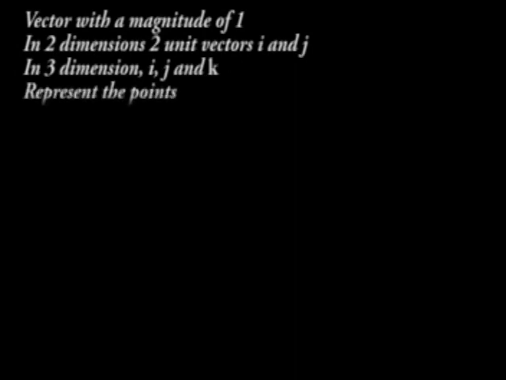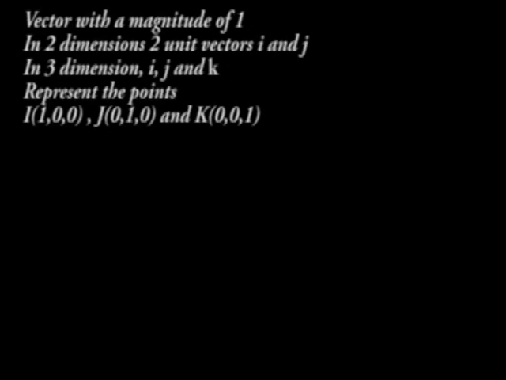Unit vectors. This is a vector with a magnitude of 1. In 2 dimensions, there are 2 unit vectors i and j, whereas in 3 dimensions we have i, j and k. These represent the points i (1, 0, 0), j (0, 1, 0) and k (0, 0, 1).